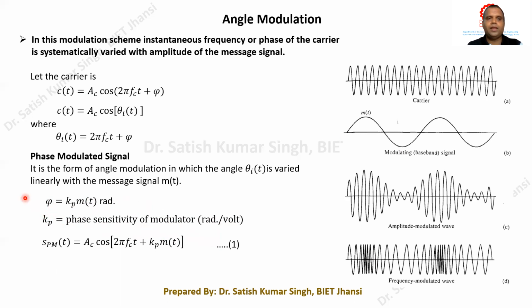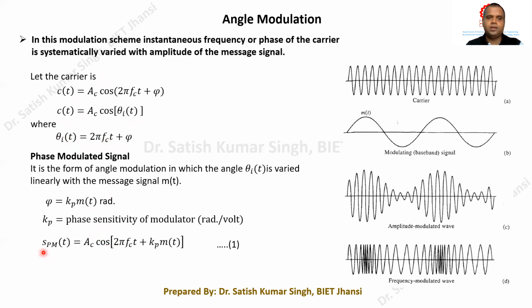Now, with phi equals kp m(t) radians, I can substitute this phi value into the equation of the instantaneous angle theta_i(t), which will equal 2 pi fct plus kp m(t). So our angle is varying linearly with the message signal. The angle of this carrier is being varied linearly with the message signal.